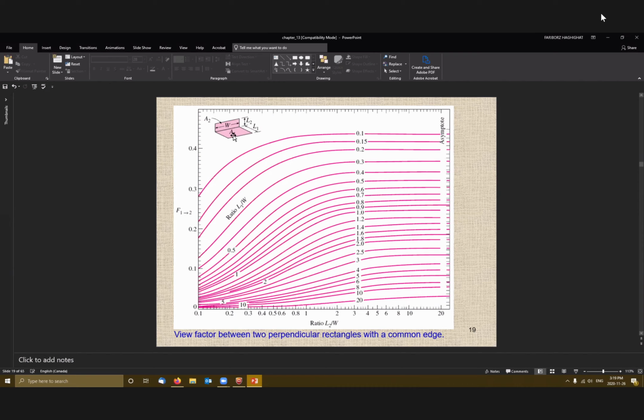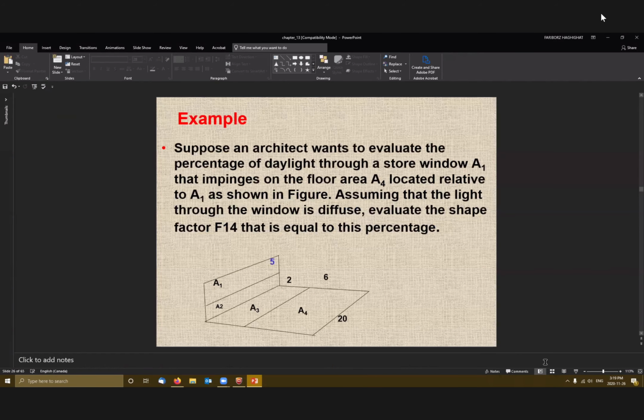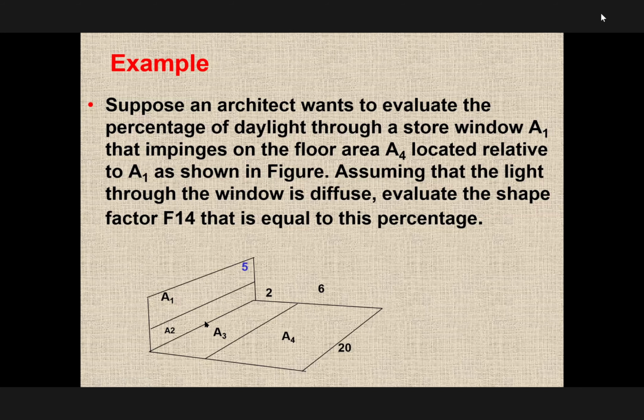But in our case, we are trying to calculate a scenario where they are not connected together, okay? Here, look at A1 and A4, they are not connected, but you can use that graph to calculate 2 to 3 or 3 to 2. You can calculate this one, I call it 5 to 3, but you cannot do it directly from 1 to 4.